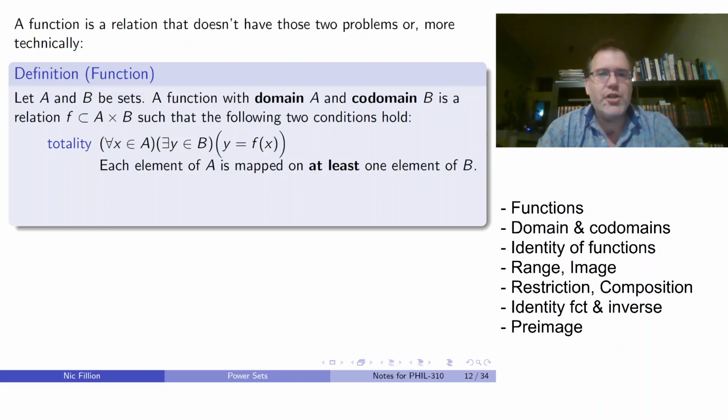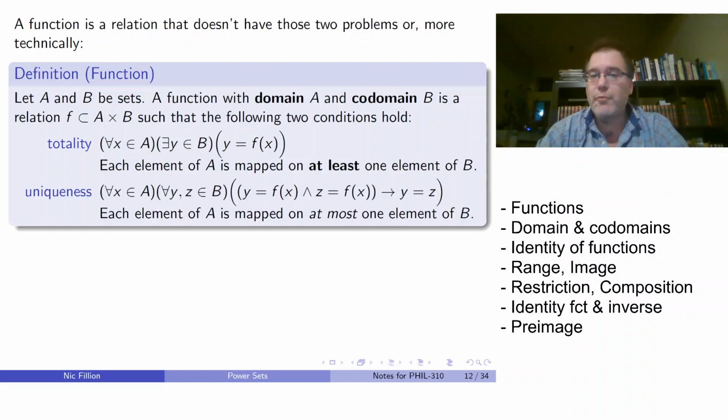And the second condition is uniqueness, which is the second flaw that we found in the relation we've examined. So take any element of the domain, and now take any two elements of the codomain. If y is the value of f at x and z is also the value of f at x, then it follows that y equals z.